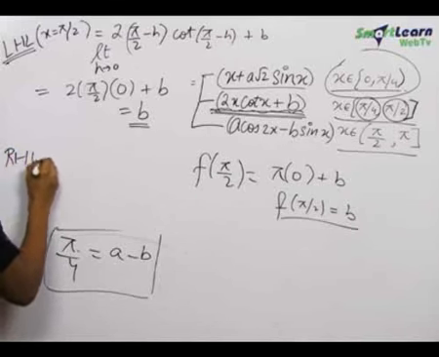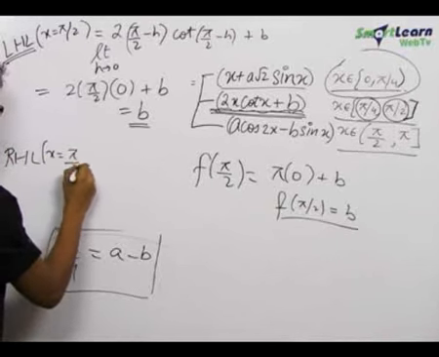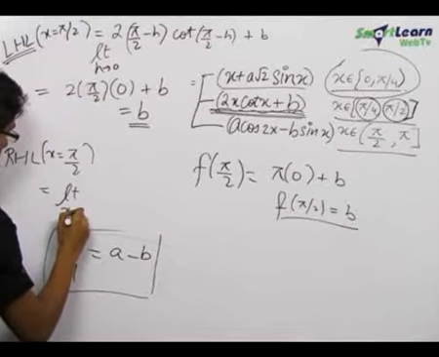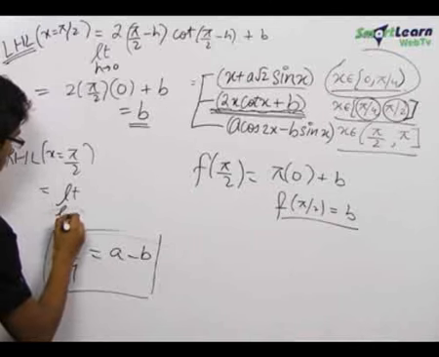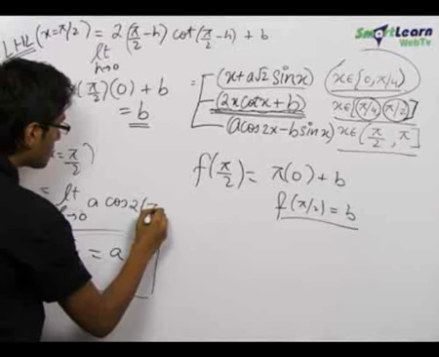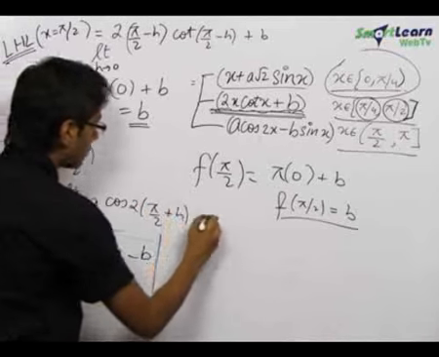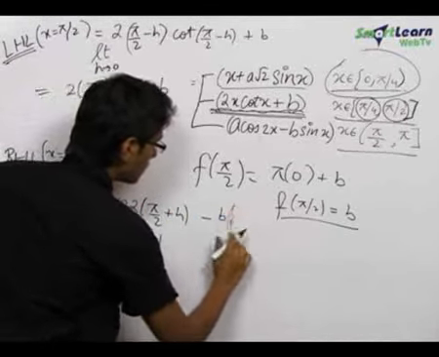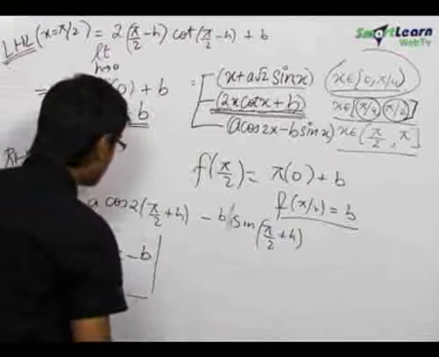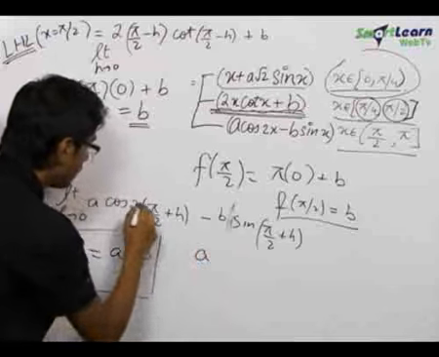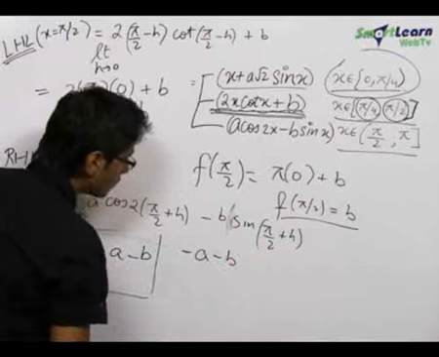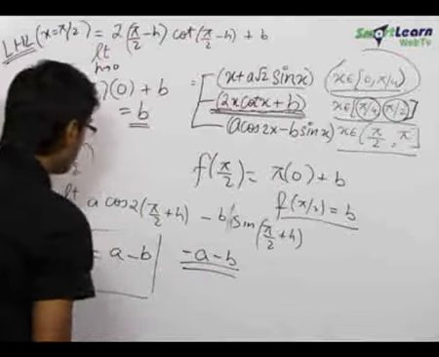The right hand limit at x equals pi by 2, since this is the interval of pi by 2 plus, so we put x equals pi by 2 plus h in this equation to get a cos 2 times pi by 2 plus h minus b times sine of pi by 2 plus h. On putting h equals 0, we will get a into cos pi, which is minus 1, so minus a, and sine pi by 2, which is equal to 1, so minus a minus b is the value of right hand limit.